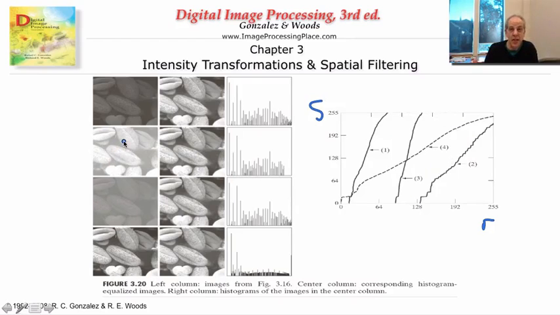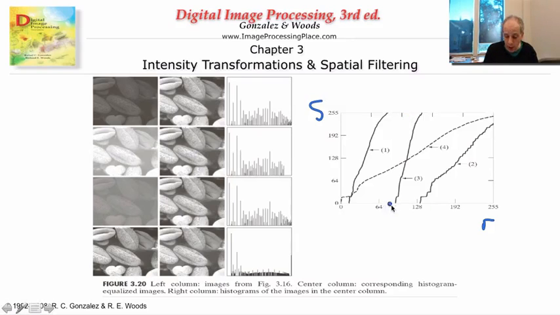This one actually needs to darken the pixels, and we see that in the corresponding map, look what happens here. And this one needed to stretch the pixels. Remember, they were in the middle. It needs to stretch them, and we actually observe that here. It's stretching the pixels from the middle.